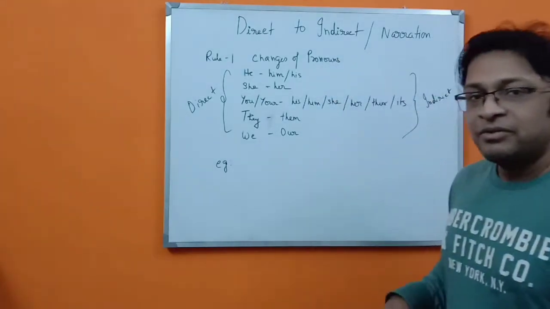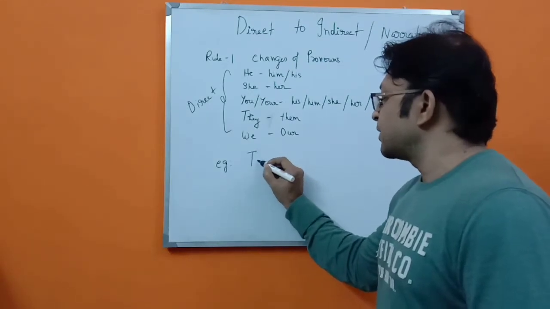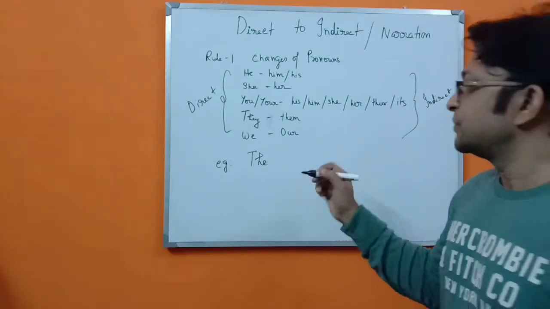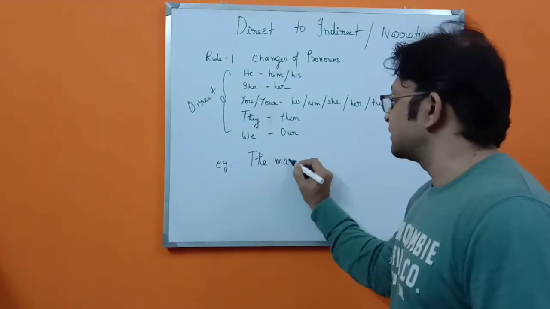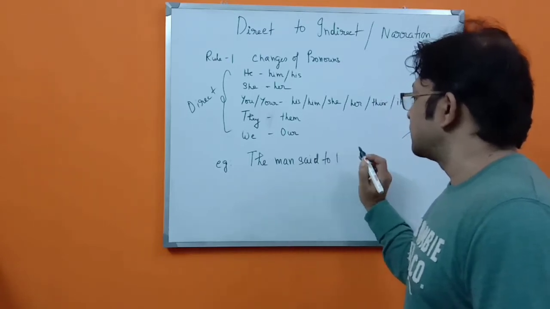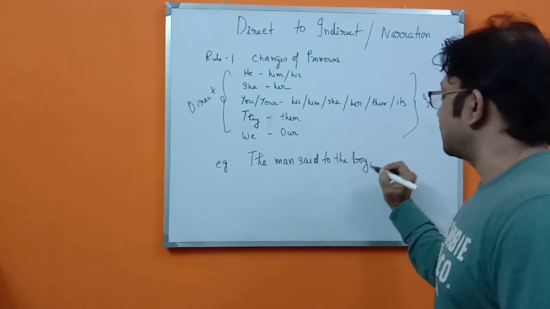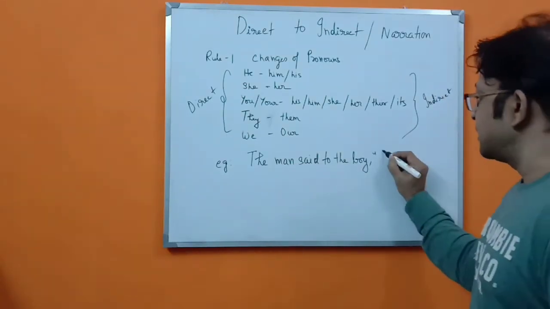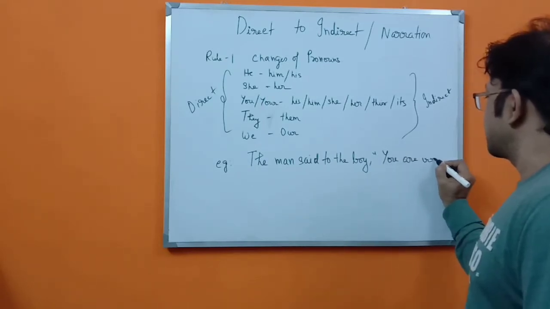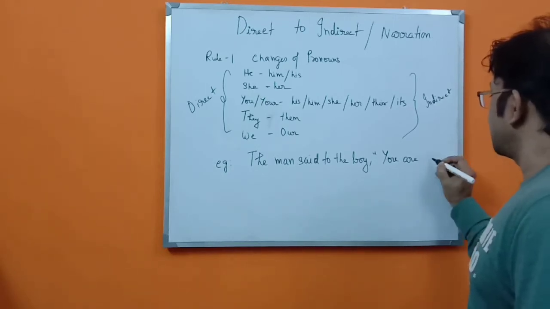For example, relating to this, if it says, the officer or the man said to the boy, within inverted commas, "You are a fool."